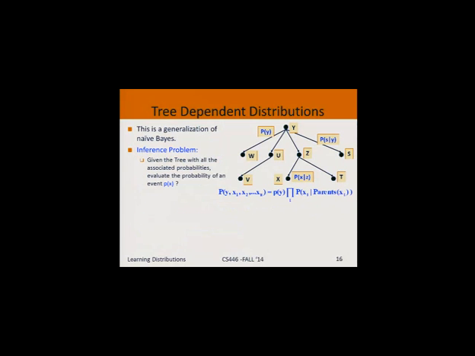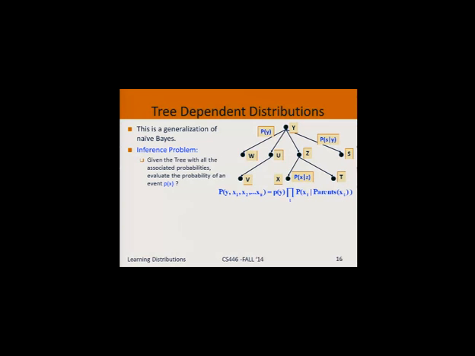Okay, so now let's solve the inference problem for trees. I'm given all the conditional probability tables. I want to know what's P of x, the probability of the event x. Given the graphical structure, we should be able to compute it from what we know about probability.